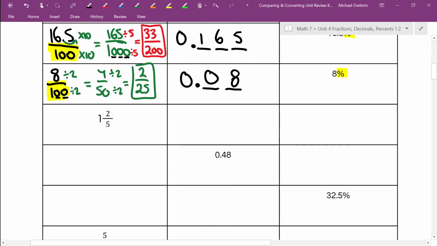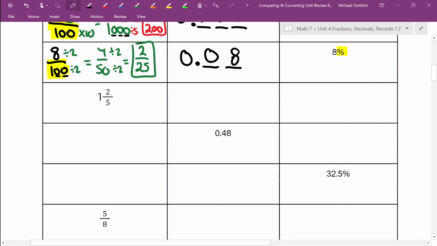For our mixed number 1 2/5, converting that to a decimal and a percent, we have 2 ways we can go about this. We could convert this to an improper fraction by multiplying our whole by the bottom and then adding the top. That would give us 5 times 1 is 5, plus our 2 from the top, and still with our denominator of 5 is 7/5.